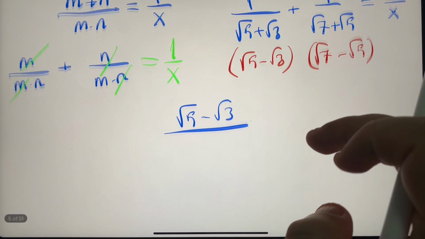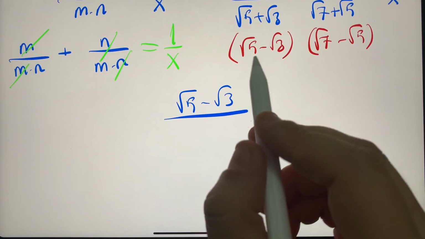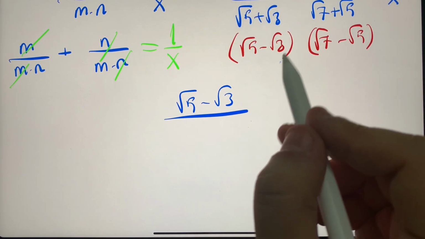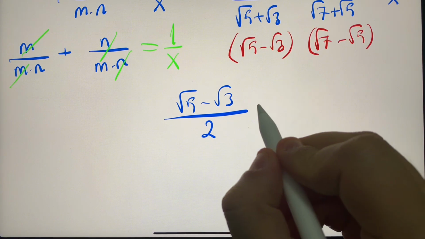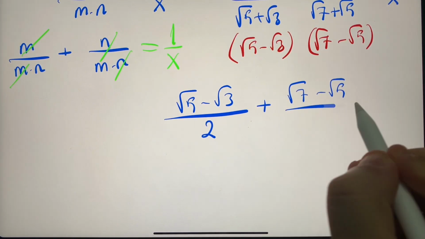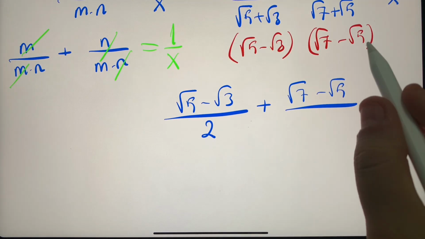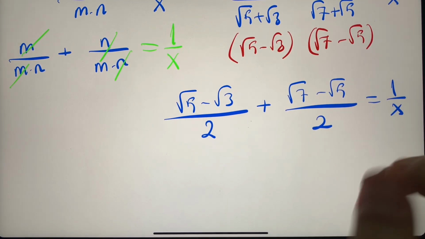So we get root 5 squared minus root 3 squared, which is 2, over the same way, root 7 minus root 5 divided by root 7 squared minus root 5 squared, which is 2, equals 1 divided by x.